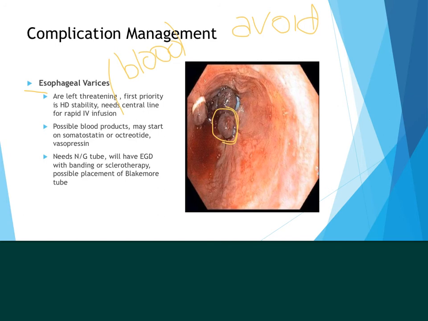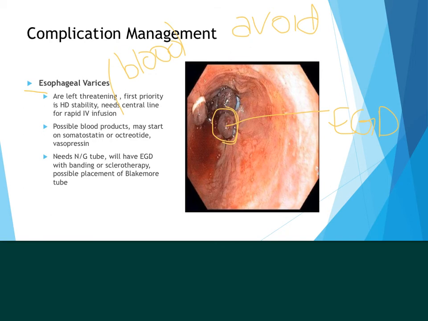When we know that they have varices and they're at risk for bleeding, we can do something that's called banding. And that's what you're seeing here, where they go in through an EGD. There's a special instrument that they can actually place a band with. It's almost like a Ziploc tie on the varice to kind of tie it off so it will not bleed.